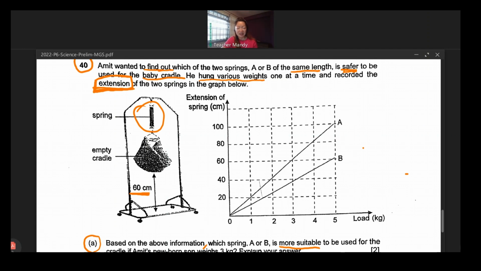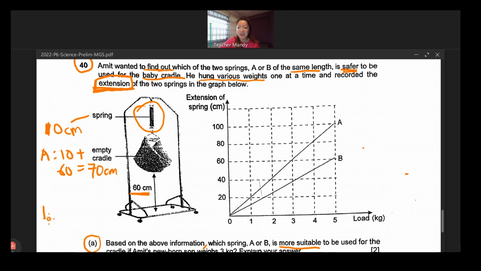Now, this is the extension, which means if the spring itself originally is, let's say, 10 cm. For A, at 3 kg, when you put a 3 kg load inside, it will be 10 plus 60, 70 cm.